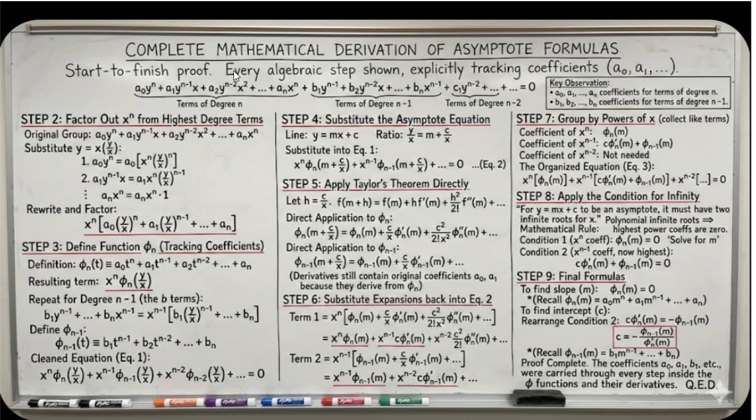The curve comes very close to the asymptote at infinity. We know that at infinity, the x coordinate and y coordinate of the asymptote satisfy the equation of the curve. Almost, I'm telling you, they almost satisfy it.